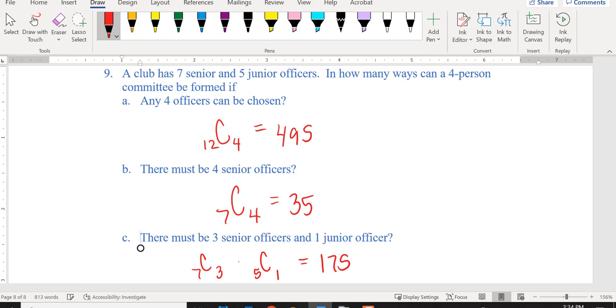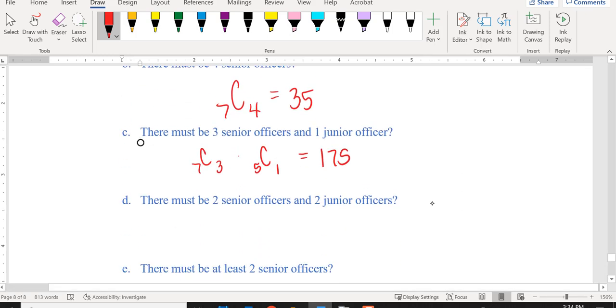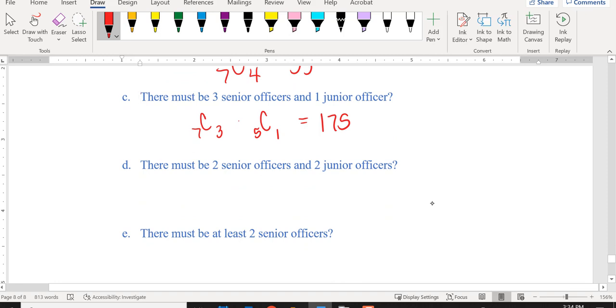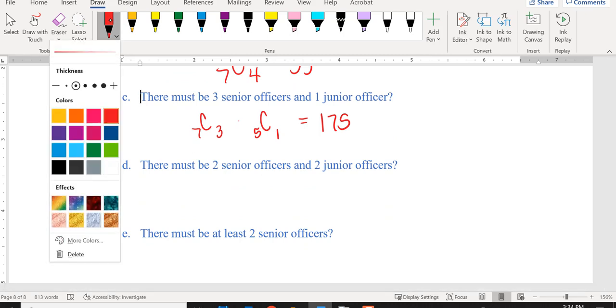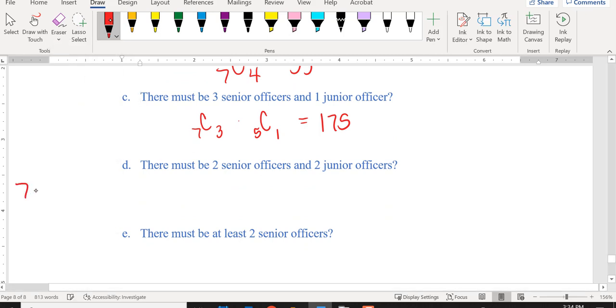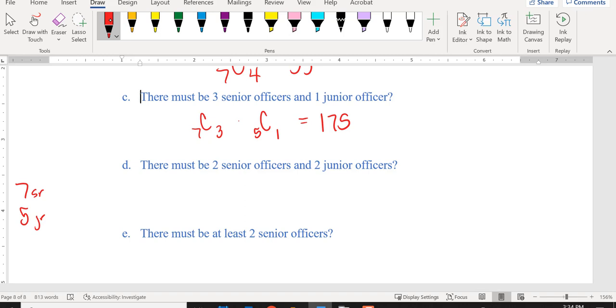All right. Are there more? Yep. Okay, what if 2 must be senior? Now I've got to remember there were 7 seniors and 5 juniors. All right, 2 must be seniors, so the combination of 7, pick 2, and 2 must be juniors.